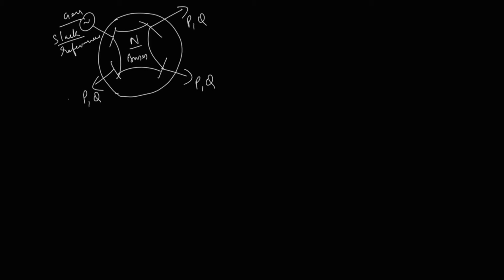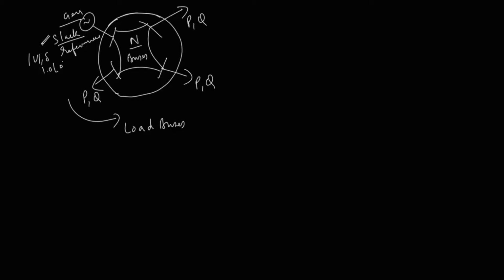Mind you, these are load buses where P and Q are specified, whereas at the slack bus V magnitude and delta are specified, normally taken as 1 at an angle 0.